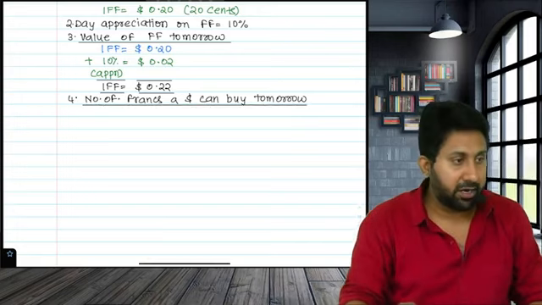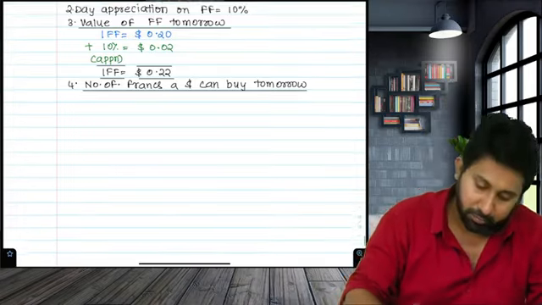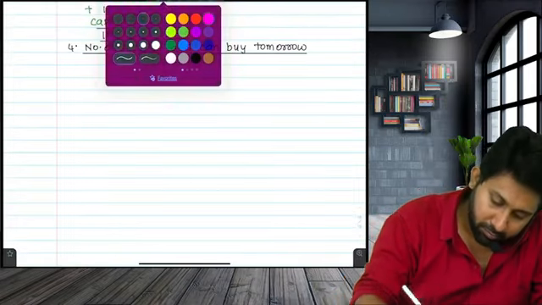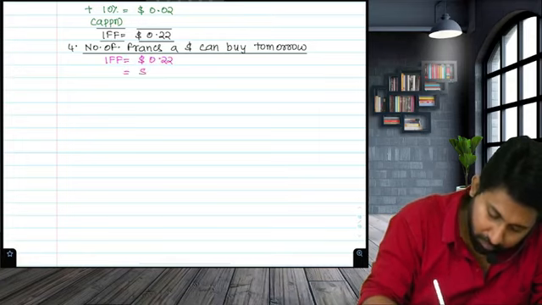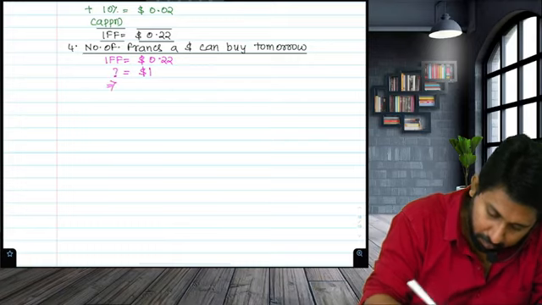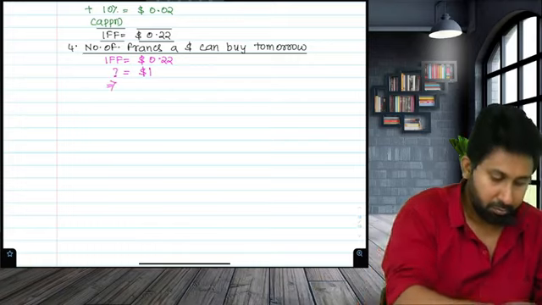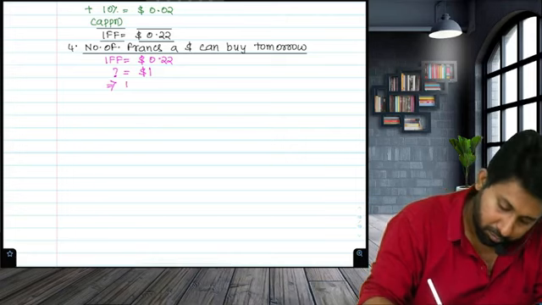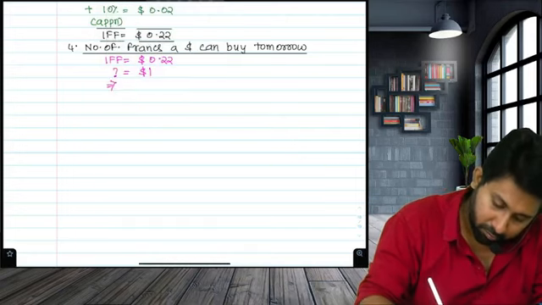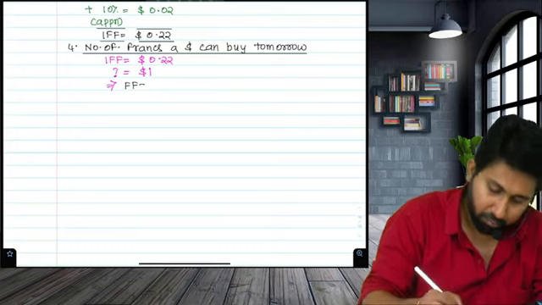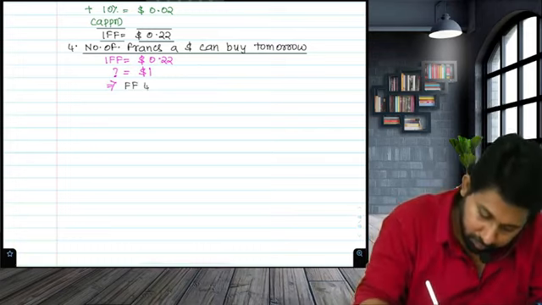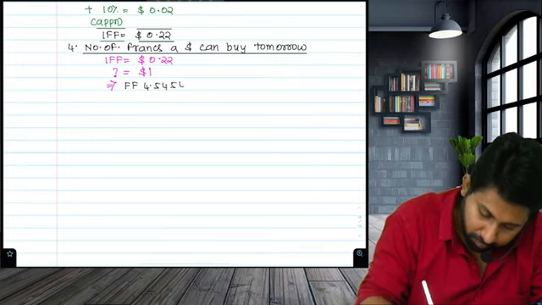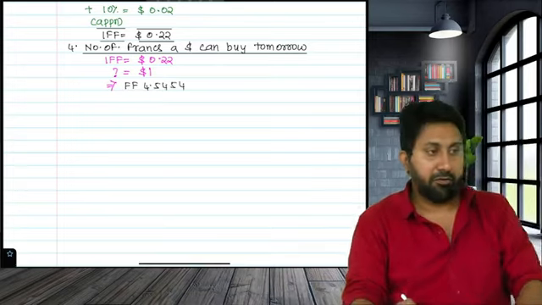Number of francs a dollar can buy tomorrow: one divided by 0.22, which is 4.5454.